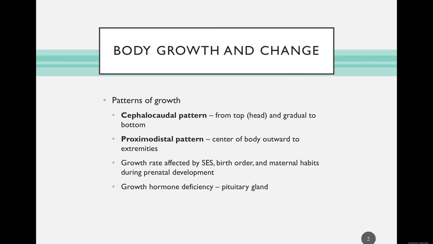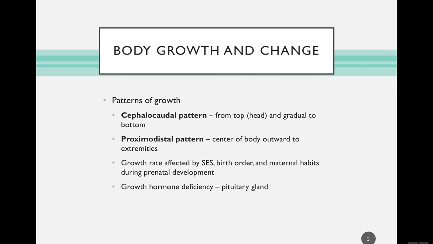There are two different patterns of growth that explain why the head is much larger when infants are younger. The first one is the cephalocaudal pattern, and this pattern indicates that the greatest development takes place at the top of the body, from the head to tail.